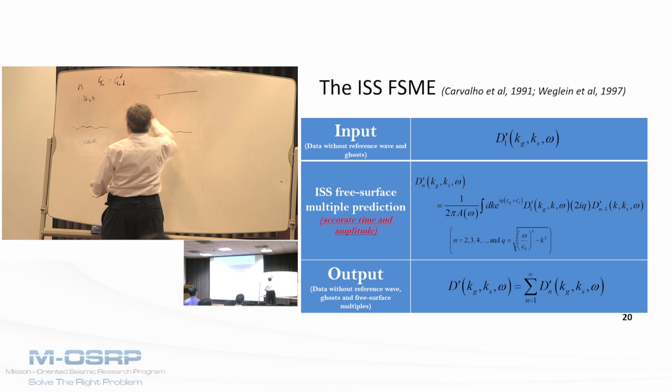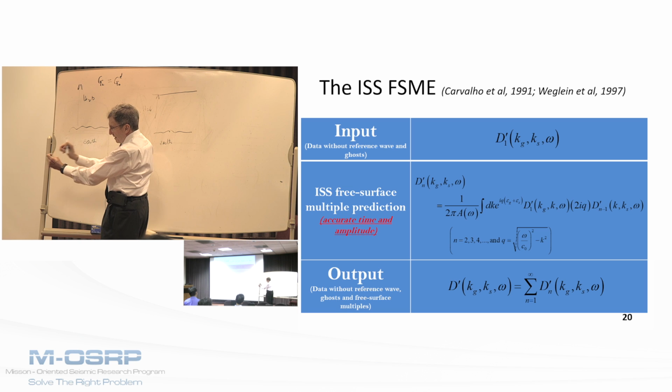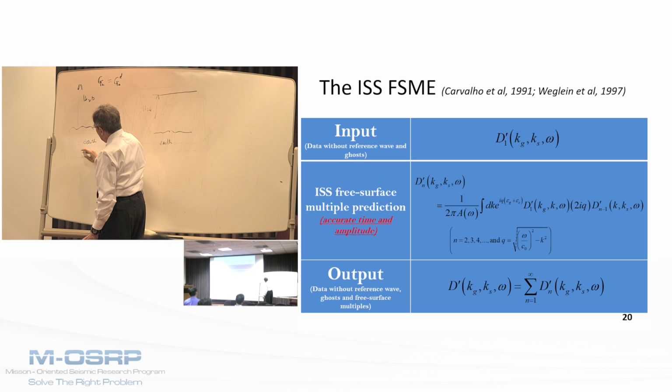In other words, in a homogeneous whole space, the reference is just here's the source, here's the receiver, it just goes like that. And then the V will be the Earth. The perturbation will be where the water ends and Earth begins, some function.